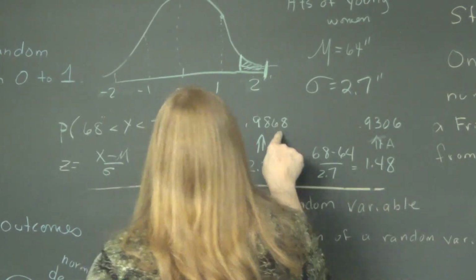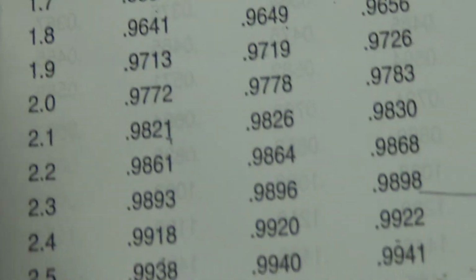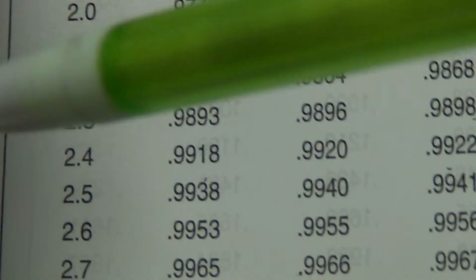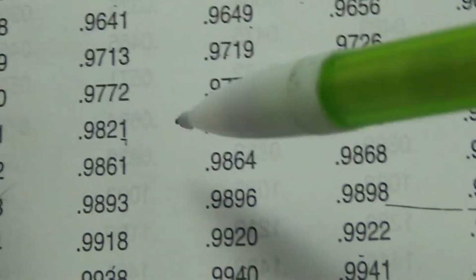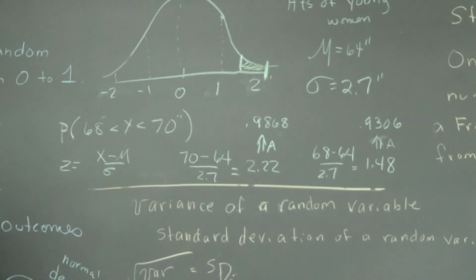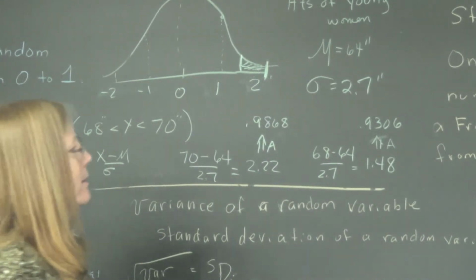All right, so this is an area. That's why I called it chart A for area. Minus this will give me the area that I'm interested in. When I subtract that smaller number from the larger, I got 0.0562.